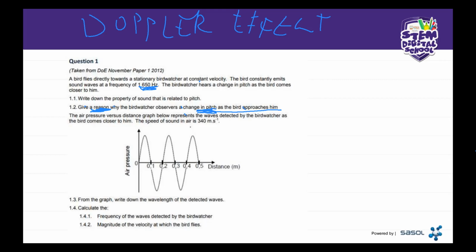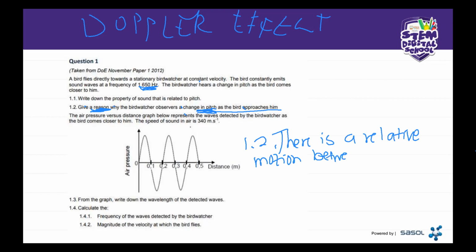So we can write it there as number 1.2: there is a relative motion between the sound source and the observer.